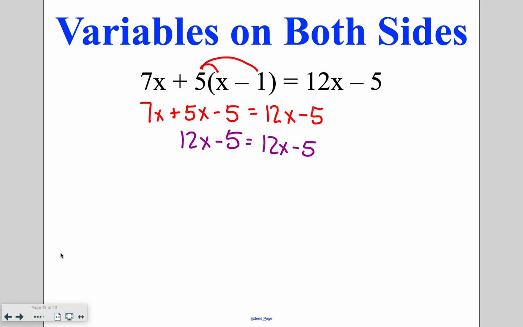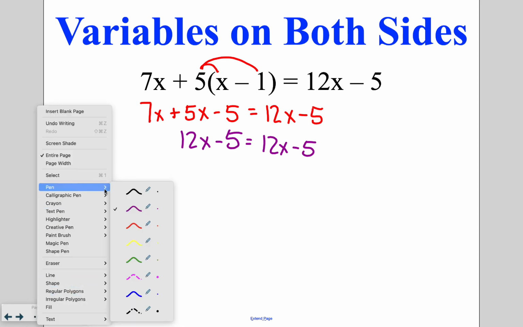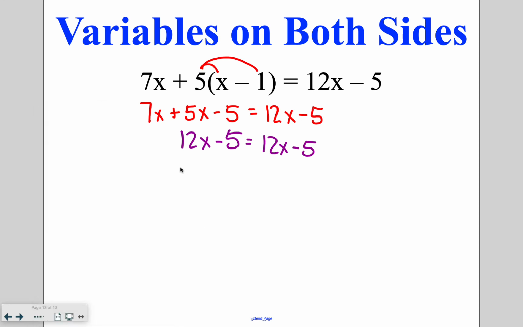When I subtract my 12x's from both sides of the equation, that's going to once again eliminate all the variables from the equation, but now my problem says negative 5 is equal to negative 5.